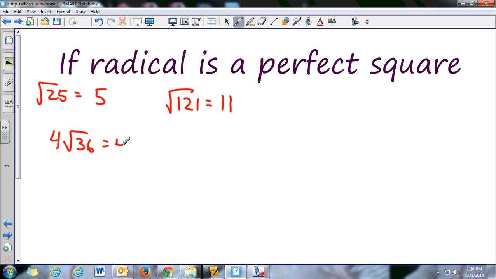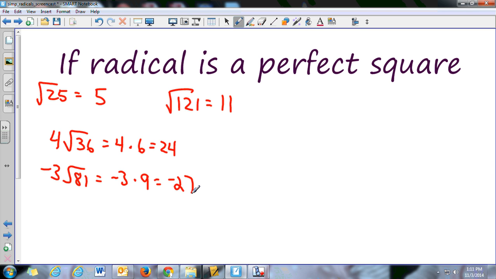So in this case, we'd have 4 times the square root of 36, which is 6, and we get 24. If I've got negative 3 times the square root of 81, the square root of 81 is 9, and so my answer is negative 27.